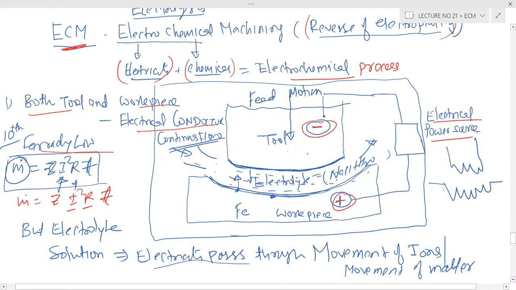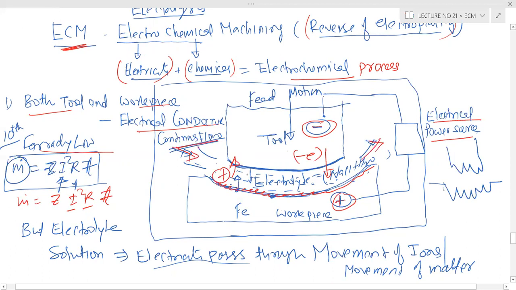So electrons travel from tool to workpiece, and positive ions travel from workpiece to tool. So material is removed from the workpiece and goes into the electrolyte, and there is a continuous flow of electrolyte, which you have to supply continuously.